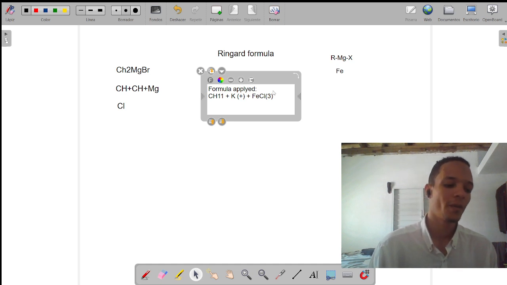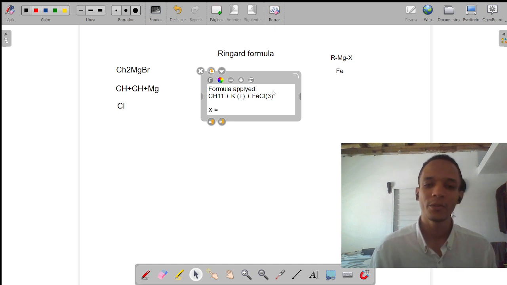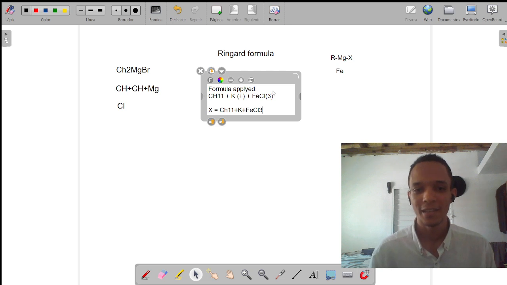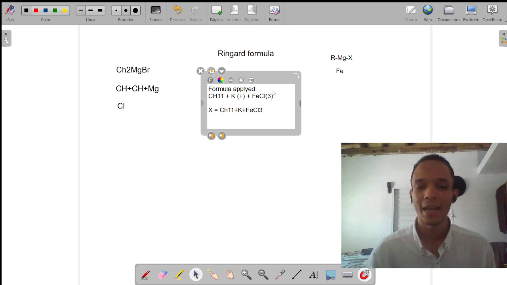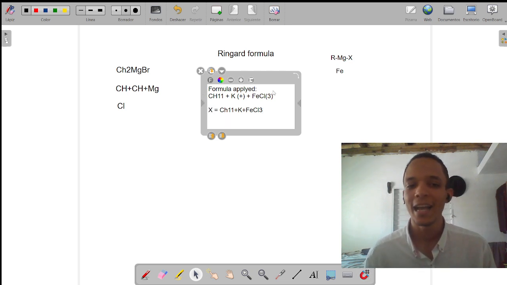So this is going to be like this. X is equal to CH11 plus K plus FaCl3, and that's it. That's the result. X, remember, is a general way of saying variable.